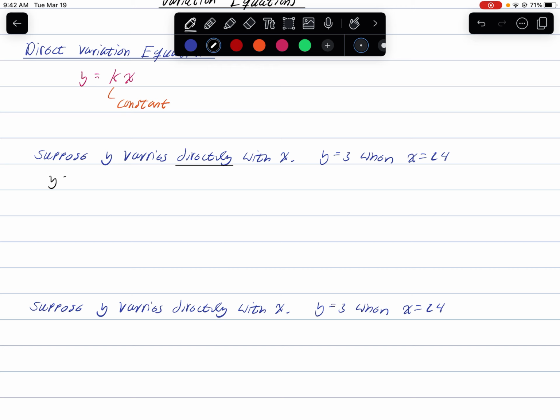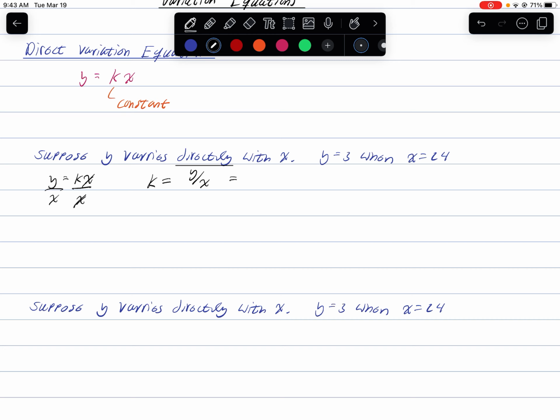So we know that it's going to be y equals kx. Okay, so if we want to find what k is, all we have to do is solve for k. To do that, we can divide both sides by x, and we get that k is equal to y over x. Now we also have that y is equal to 3 when x is equal to 24. So if we want to find k, all we have to do is plug those two values in.